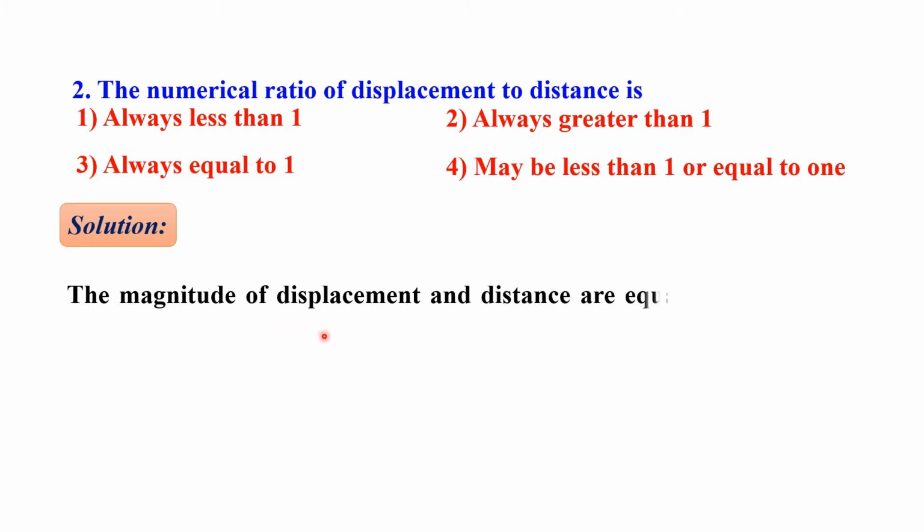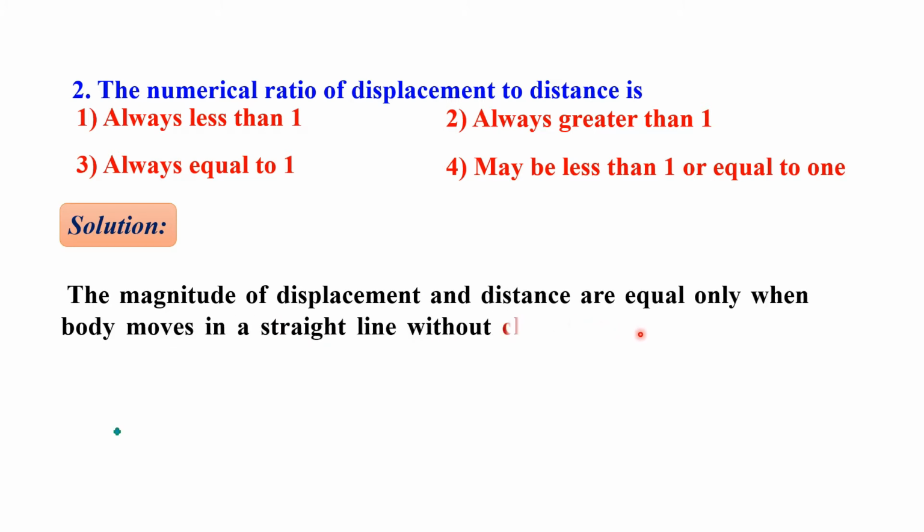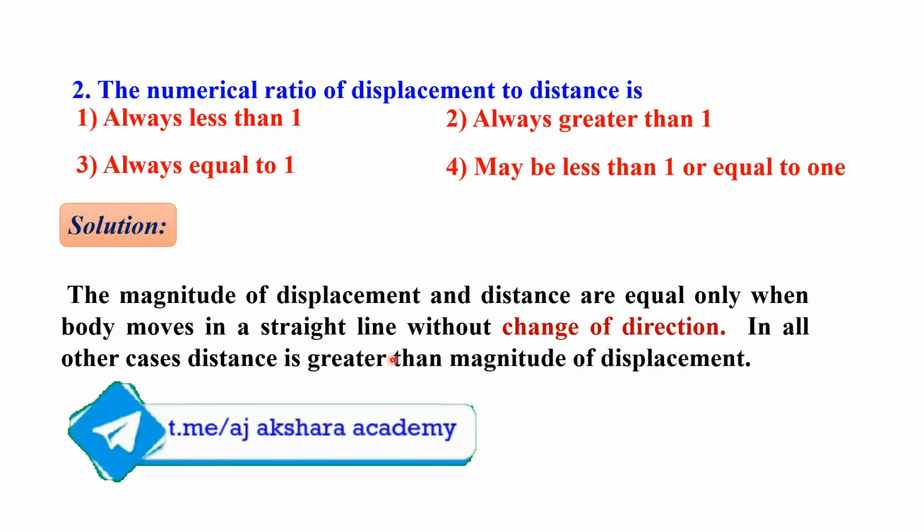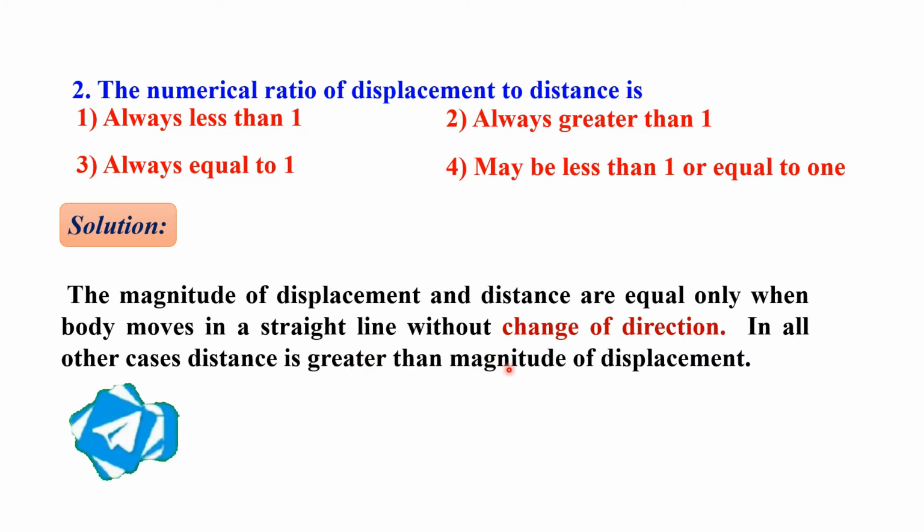The magnitude of displacement and distance are equal only when the body moves in a straight line without change of direction. In all other cases, distance is greater than the magnitude of displacement.